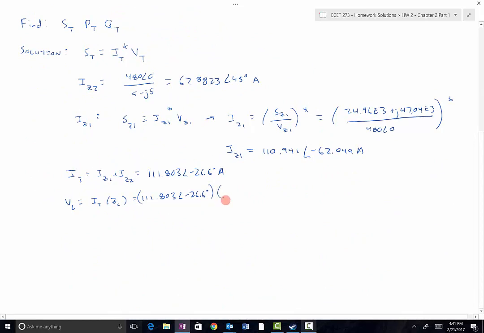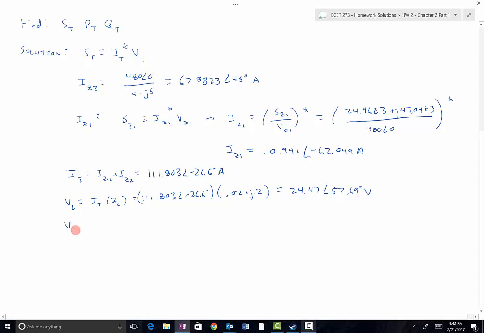So using my combined impedance of 0.02 plus j0.2, multiply those together, and you get a voltage drop across the combined impedance of the line of 24.47 at an angle of 57.69 degrees volts. So that's the line drop across the supply and the return.